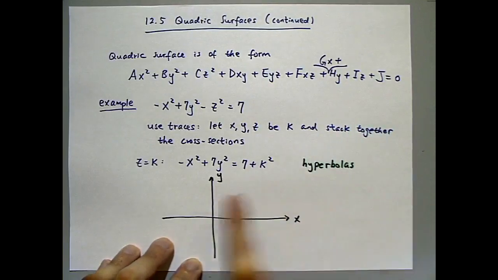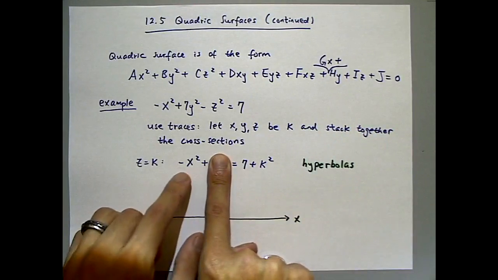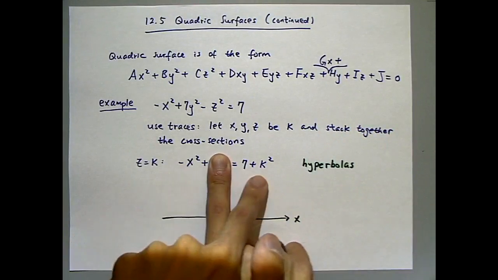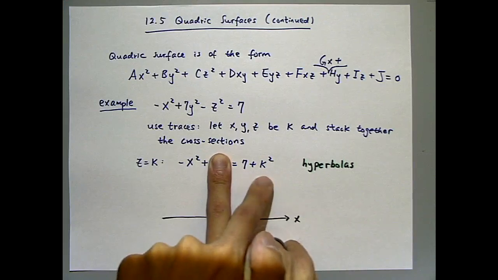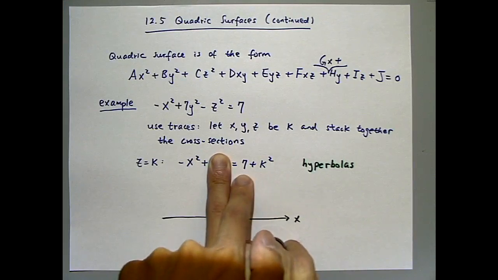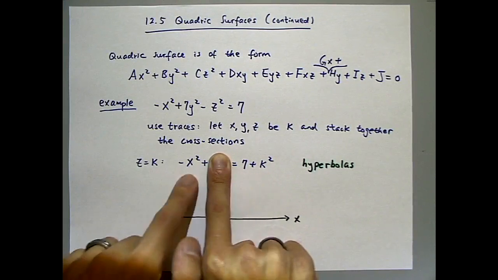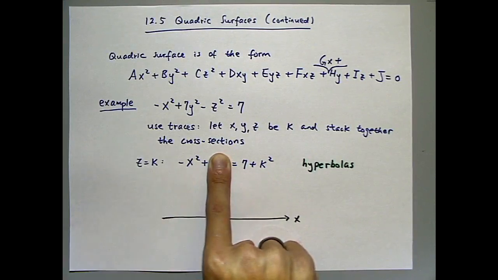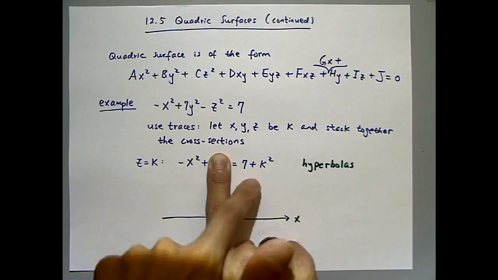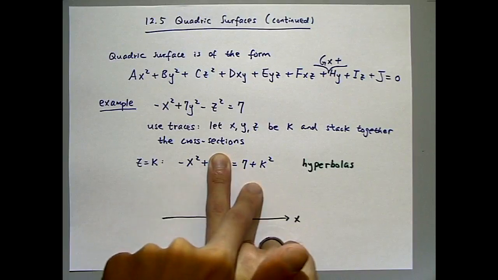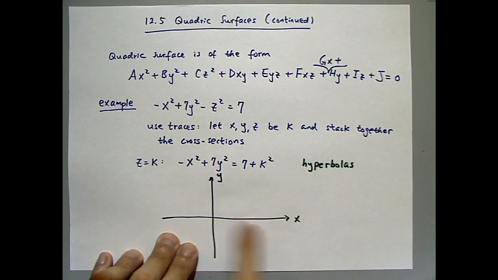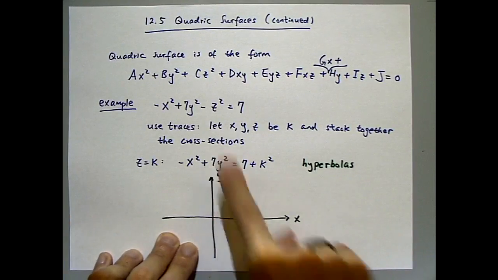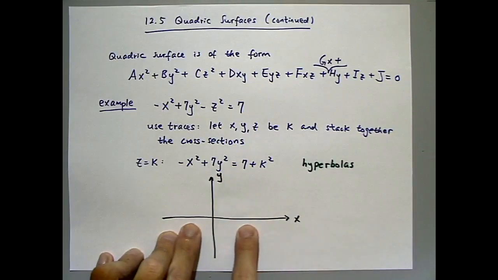If you make y equal to 0, then you have a negative quantity equaling a positive quantity. Sum of a square number plus a positive number is always positive. But this right here is negative for any x. So this cannot happen for any x. This is telling you that the hyperbolas have no x-intercepts. It is not allowed to cross y equal to 0.